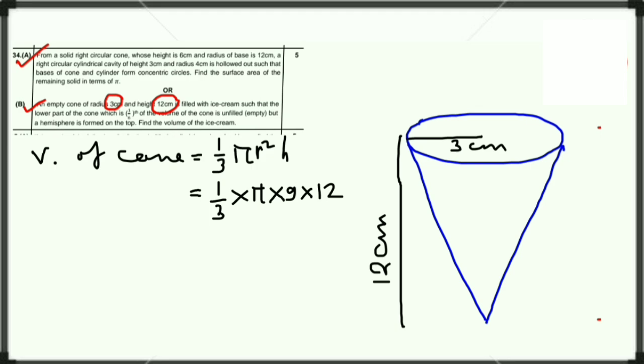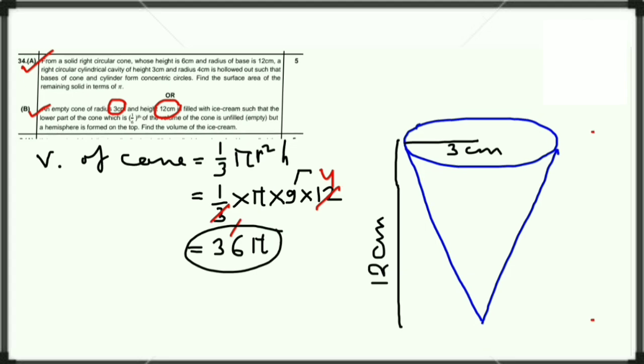Here 3 ones are 3, 3 fours are 12, and finally we obtain the volume of the cone is 9 into 4, 36 pi. This is the volume of the cone. Now let's go back to the given question.